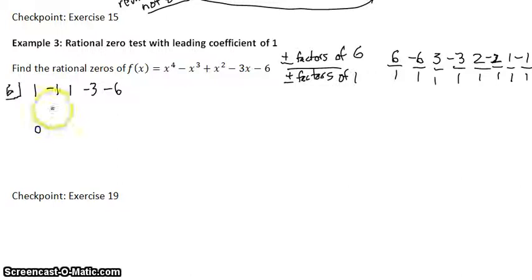So 0, then this becomes a 6. You can already start to see that this is not going to be one of them. So this one didn't work. Now I'm going to do the exact same thing with negative 6 and see what happens.